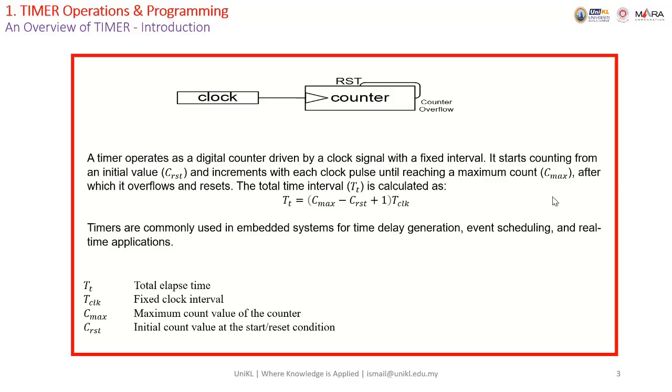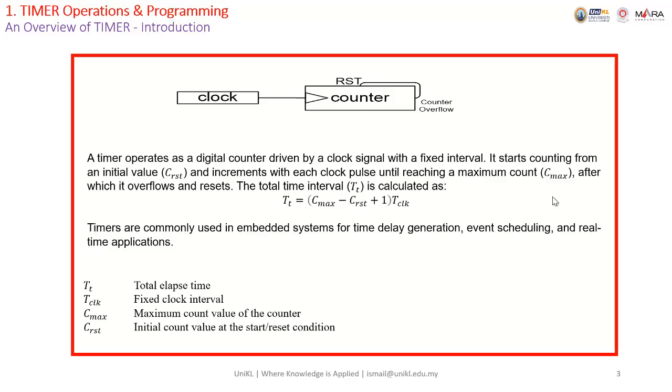Say we have a 16-bit counter, so it can count from 0 up to 65535, which is 2 to the power 16 minus 1, then we roll over. Say we start at 50,000, then it will count up until 65535 and then roll over to 0.